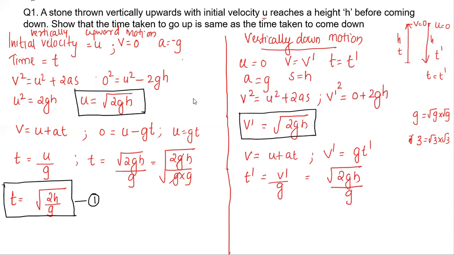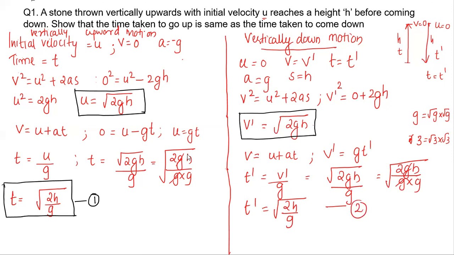Here also g we have to write in terms of root. So we can write 2gh upon g into g. One g will get cancelled. We got t dash is equal to under root 2h upon g. Let it be equation number 2.